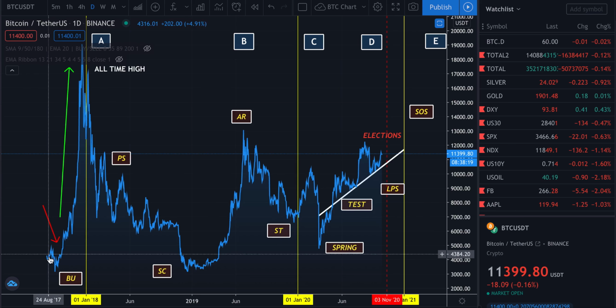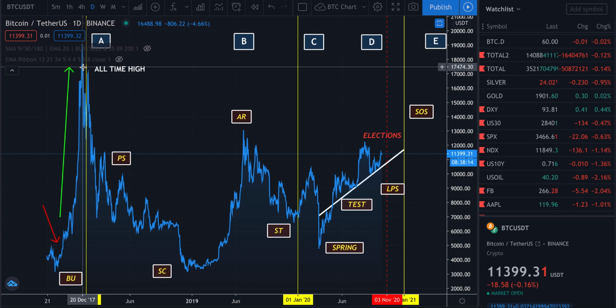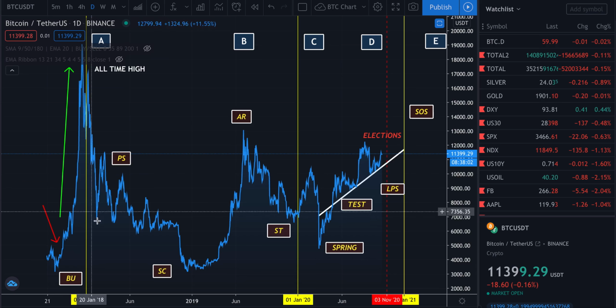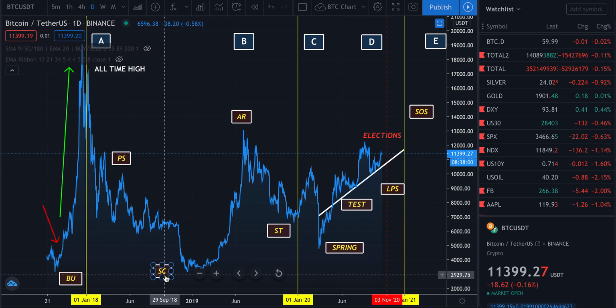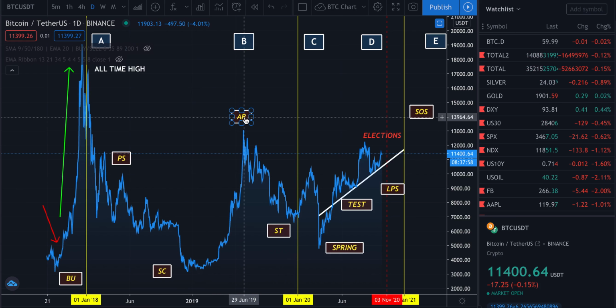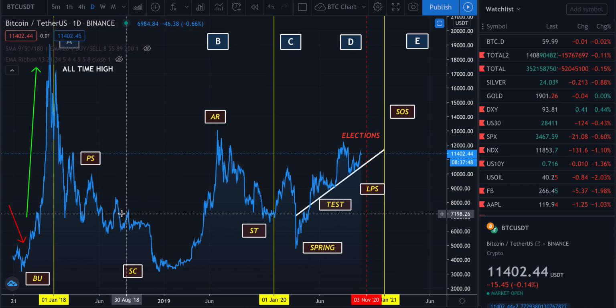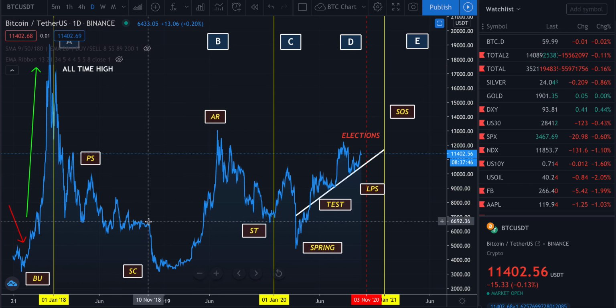So we had this parabolic cycle in 2017, 2018, followed by an altcoin cycle that came a little later. We're just going to focus on Bitcoin right now. But after we see this parabolic phase, we go through this PS, then down to an SC, AR, automatic rally, and then down to a ST test, which if you see the levels, matches up before we had this SC.